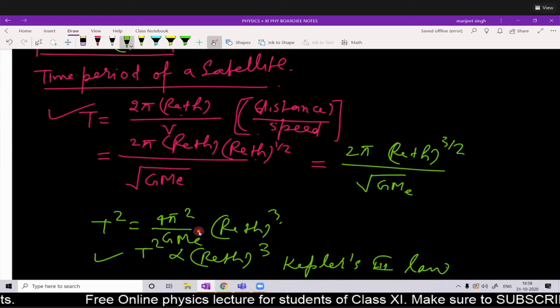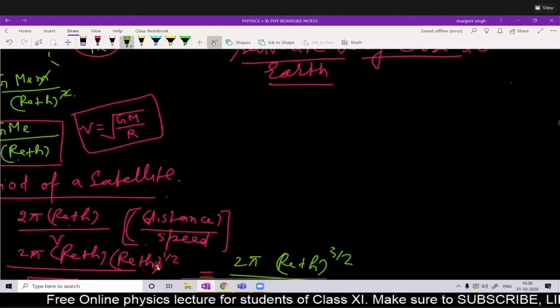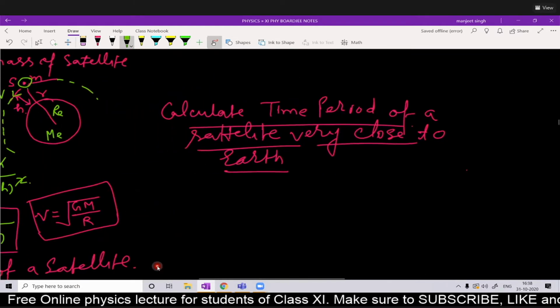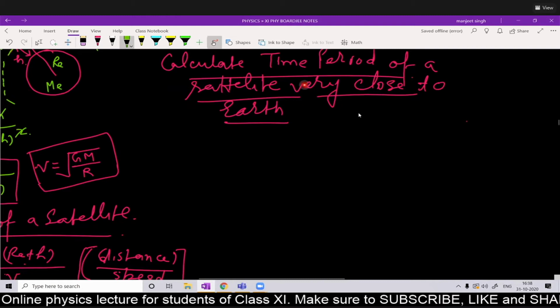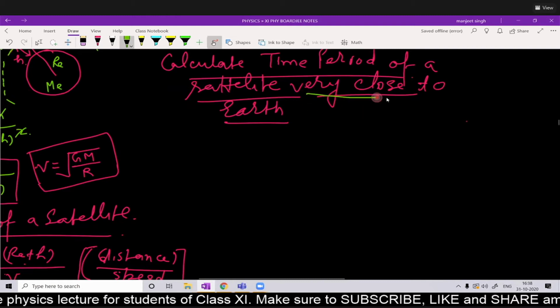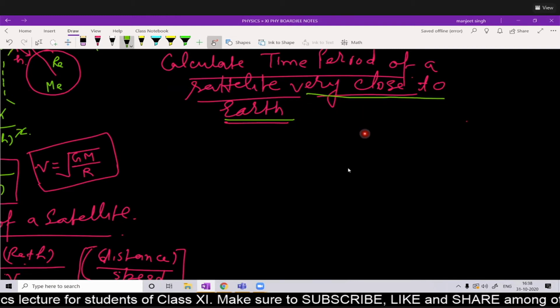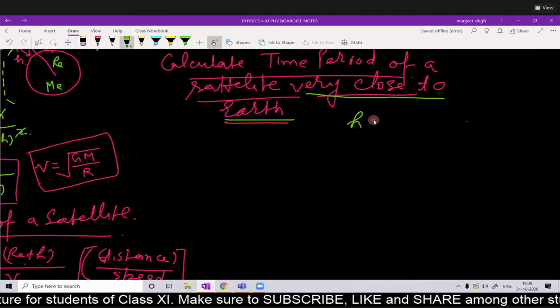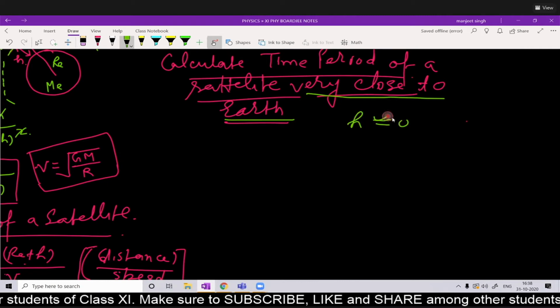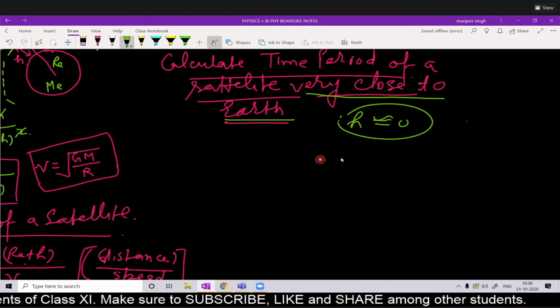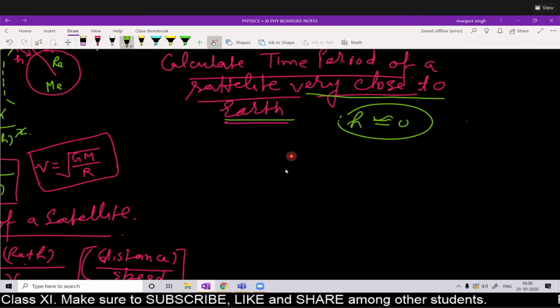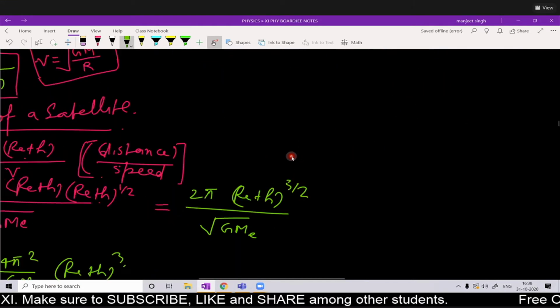Now from here, if we want to derive a formula for the time period of a satellite very close to Earth, then for a satellite very close to Earth, H will be approximately 0. Very close to Earth means approximately 0. So let us find the expression.